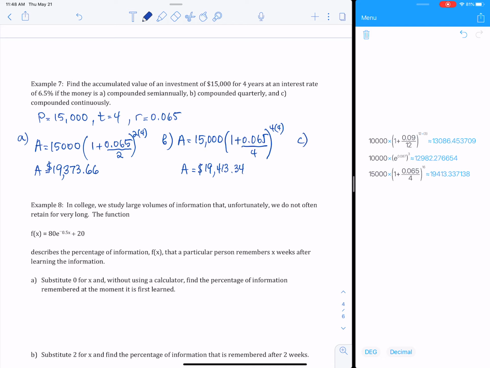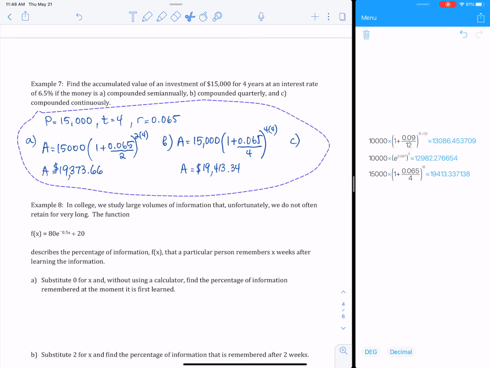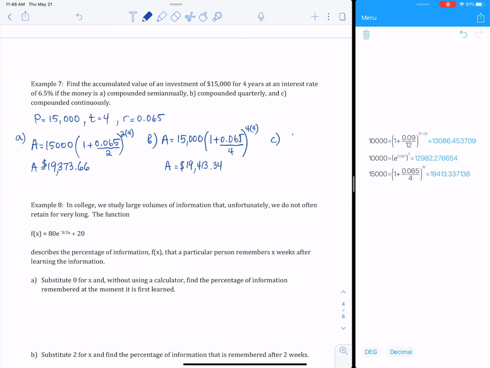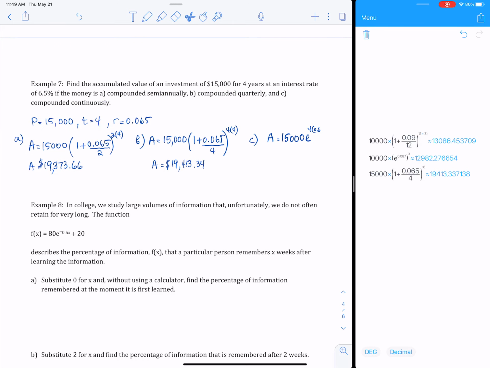And for C, compounded continuously, I'm going to use a different formula: 15,000 times e powered by the rate times the time, so 4 times the rate, which is 0.065.